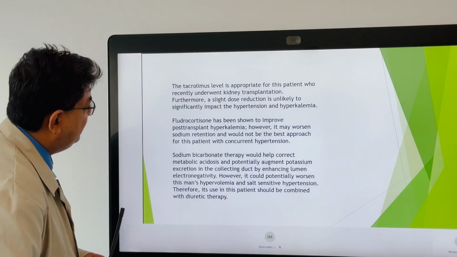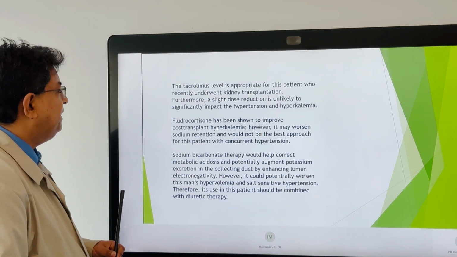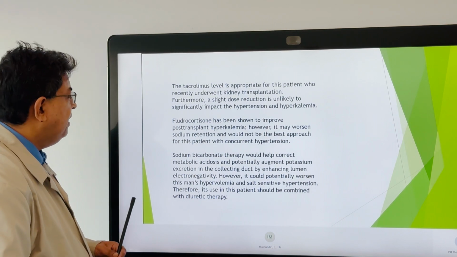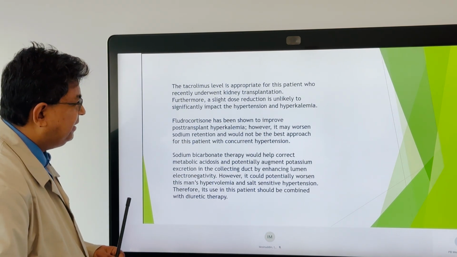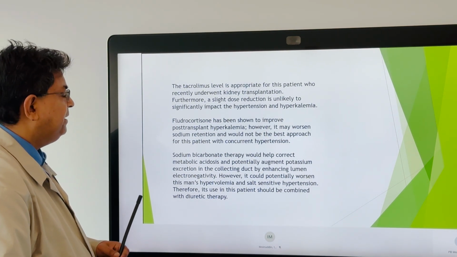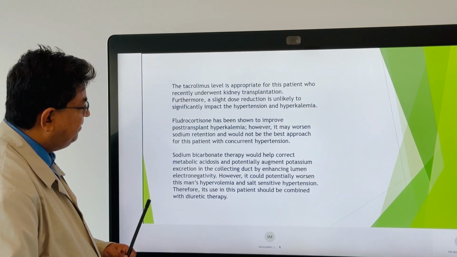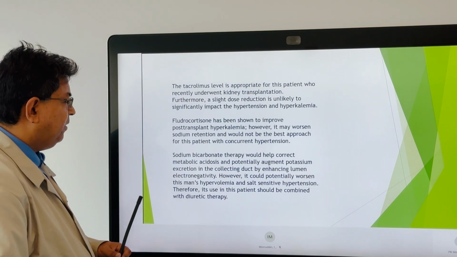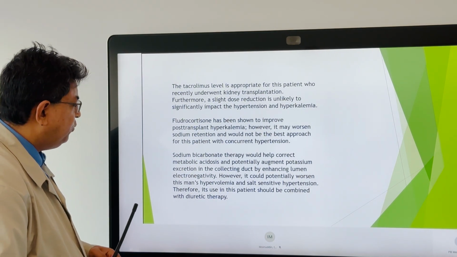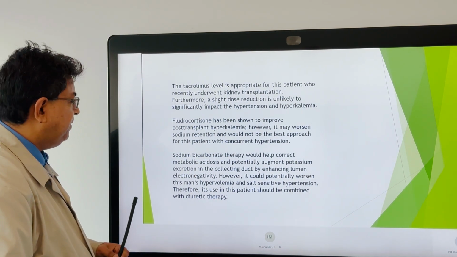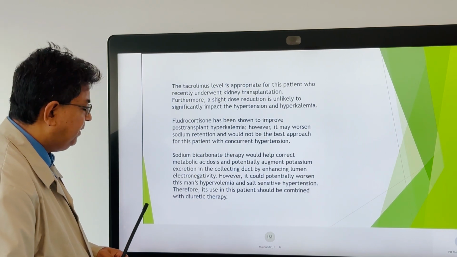The tacrolimus level is appropriate for this patient who recently underwent kidney transplantation. Furthermore, a slight dose reduction is unlikely to significantly impact the hypertension and hyperkalemia. Fludrocortisone has been shown to improve post-transplant hyperkalemia. However, it may worsen sodium retention and would not be the best approach for this patient with concurrent hypertension.